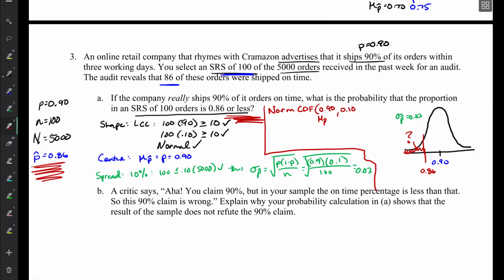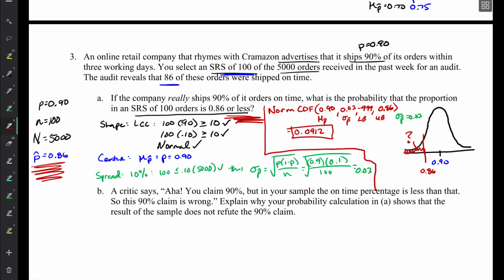We have a standard deviation of, not 0.1, excuse me, that's 0.03. Then we have our lower bound that goes all the way to negative infinity, and an upper bound that stops at 86%, because we want something that's less than 86% of our orders being delivered on time. When I punch this into my norm CDF calculator, I end up with 0.0912. And that answers our question.